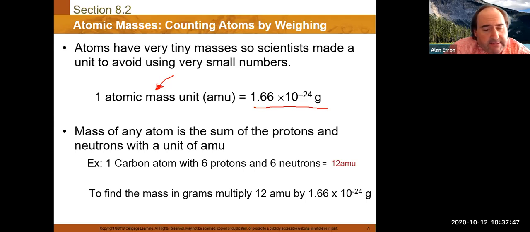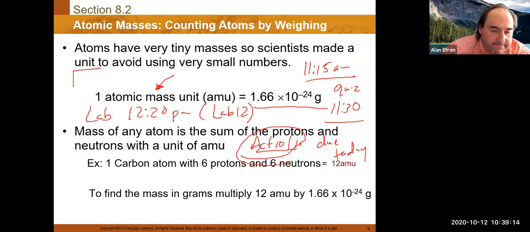Like I said before, carbon 12 was the isotope that they used to figure out the mass of everybody. Underneath the symbol on the periodic table is where we find the atomic mass.